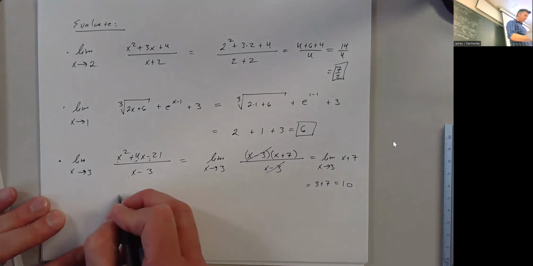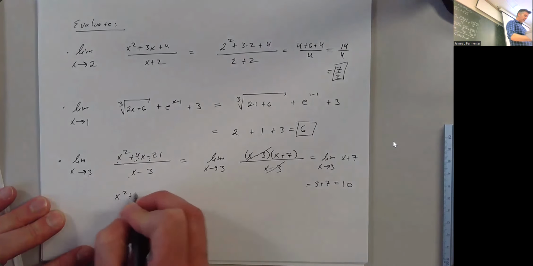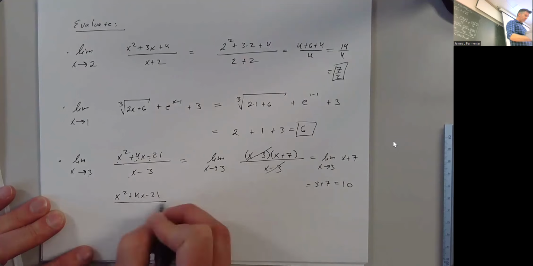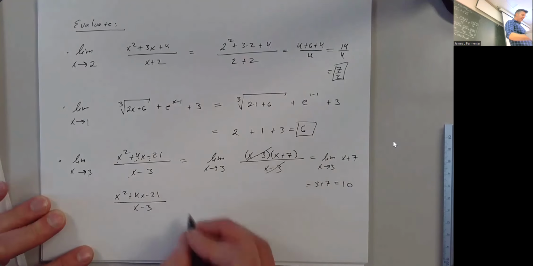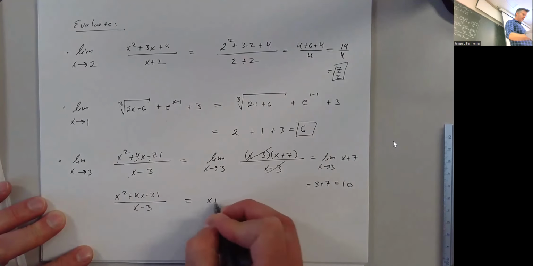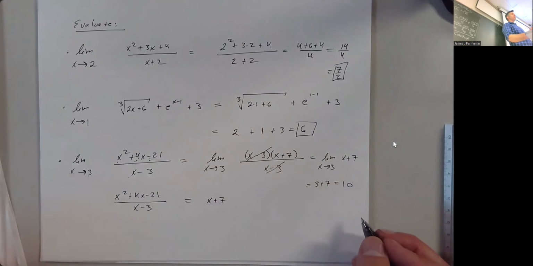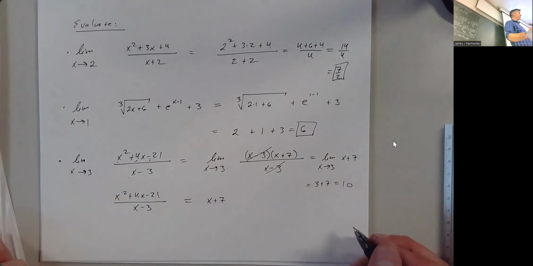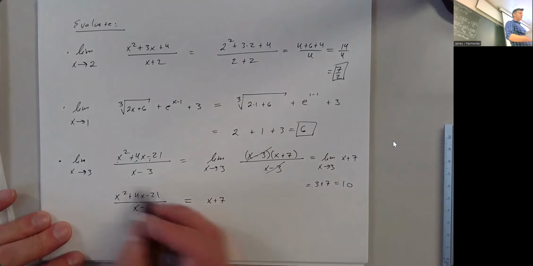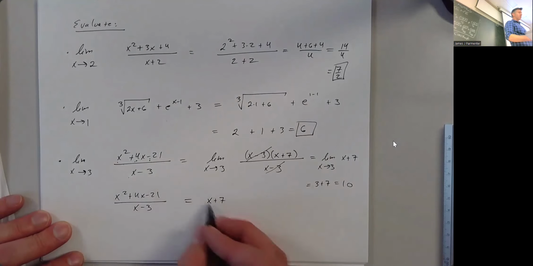I should really emphasize here: this function, x squared plus 4x minus 21 over x minus 3, and this function, x plus 7, are the same everywhere except for one place, when x is equal to 3. This function is totally undefined when you plug in 3. This function is not.